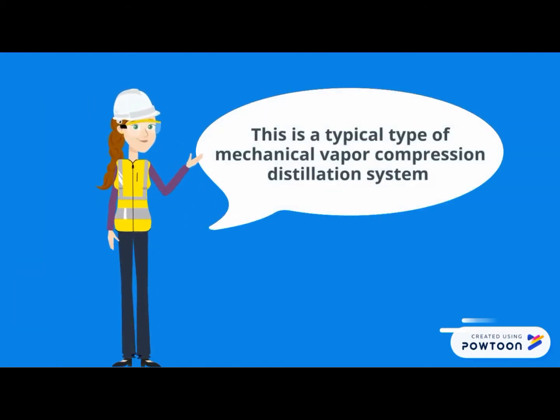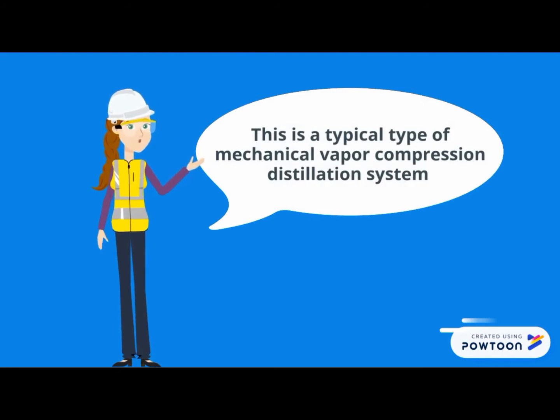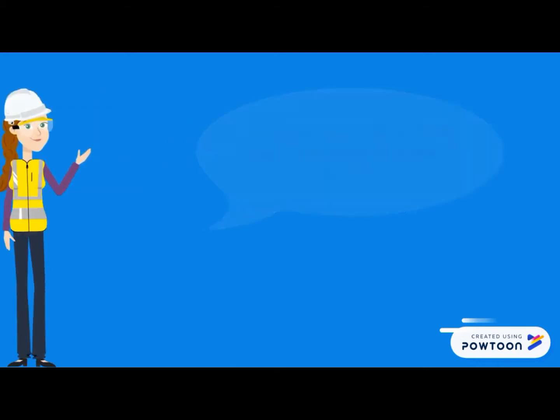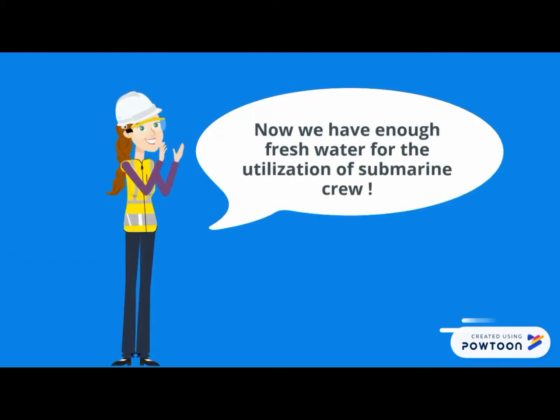This is a typical mechanical vapor compression distillation system that converts 60 to 70% of its feed to fresh water. Now we have enough fresh water for the utilization of the submarine crew.